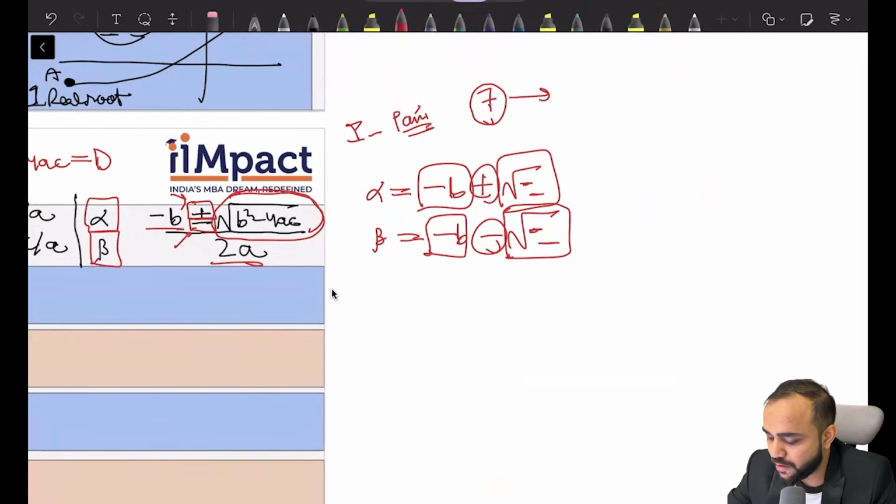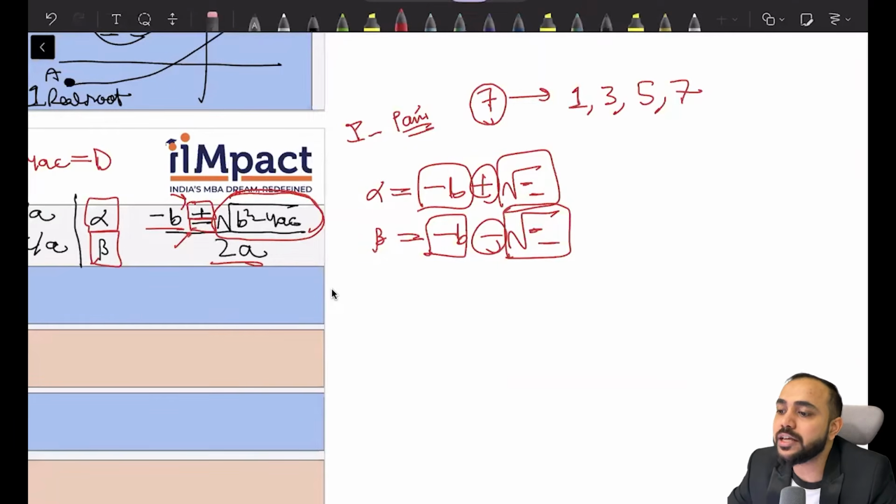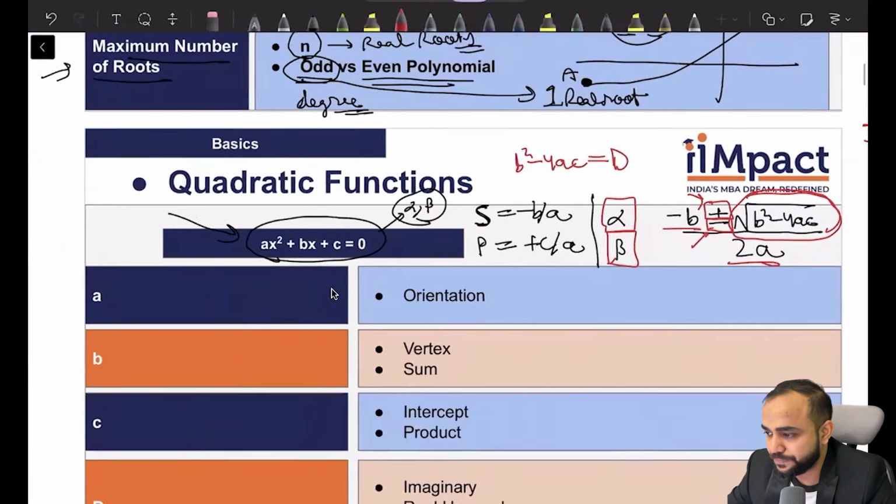You can have 1 root, 3 roots, 5 roots, or 7 roots. Because if there is one imaginary root, then the second one will also be imaginary, which means that imaginary roots occur in even numbers, either 0 or 2 or 4 or 6 and so on. So far everyone's clear on this.